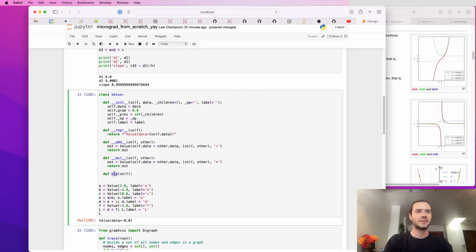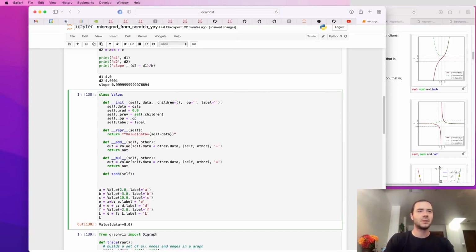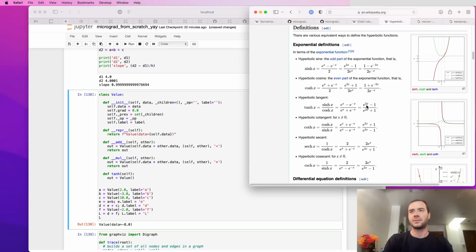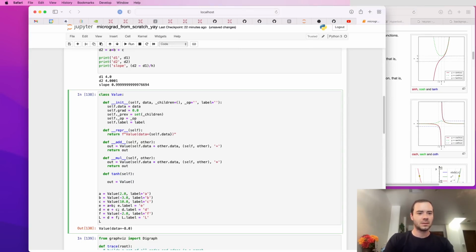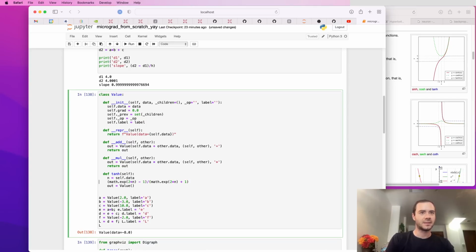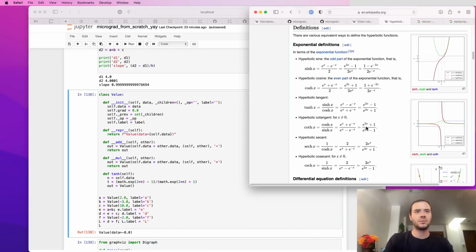So let's do that. Def tanh, and then out will be a value of, and we need this expression here. So let me actually copy paste. Let's grab n, which is self.data, and then this, I believe, is the tanh. Math.exp of 2n minus 1 over 2n plus 1.